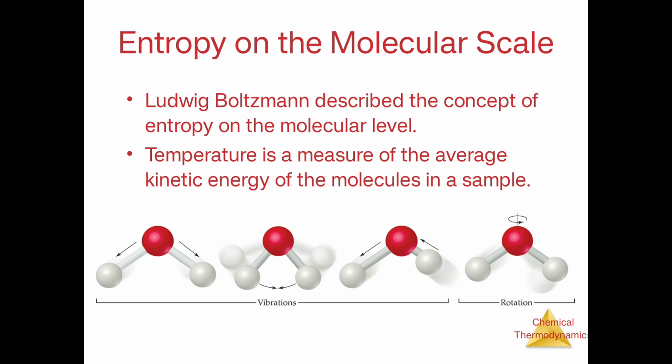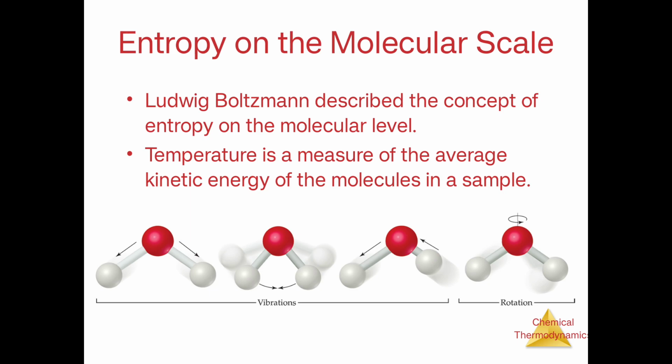Okay, that's how the picture is also shown. The vibrations, the rotations, which means the energy due to vibrations and rotations of the molecules in a sample, will account for the measurement of temperature.